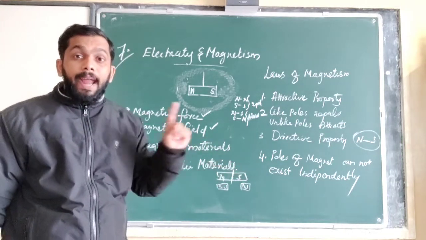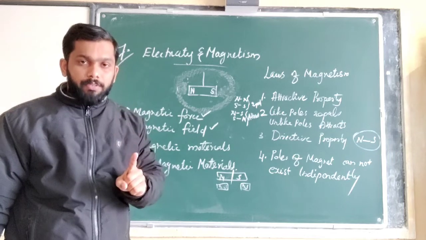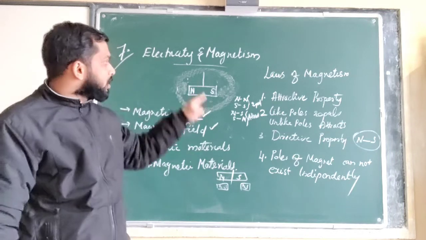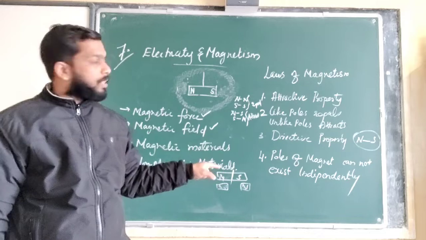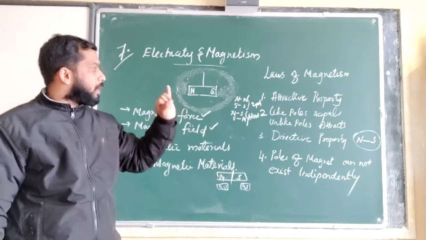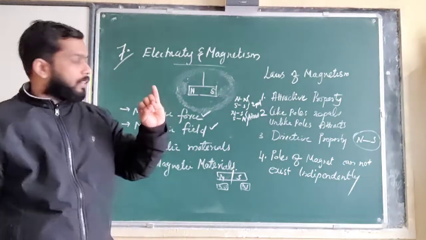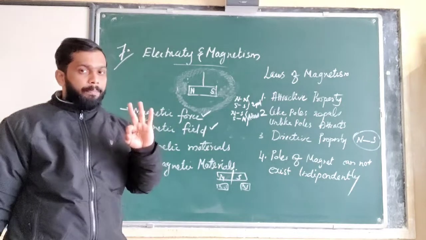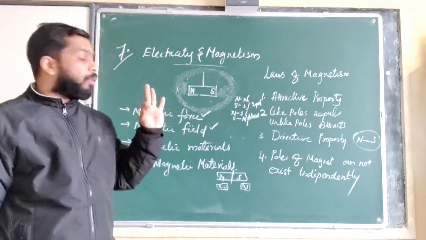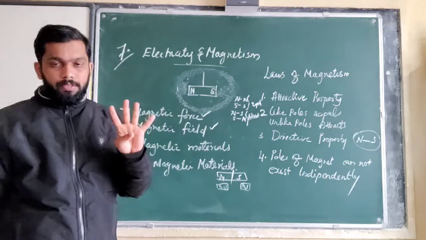Okay, so these are the laws of magnetism: the attractive property, where like poles repel and unlike poles attract; the directive property; and the last one, poles exist in pairs.